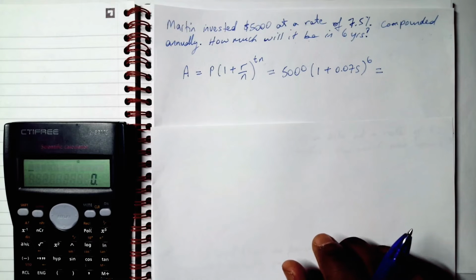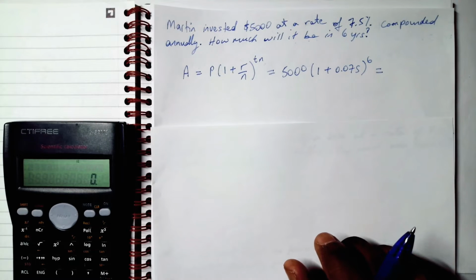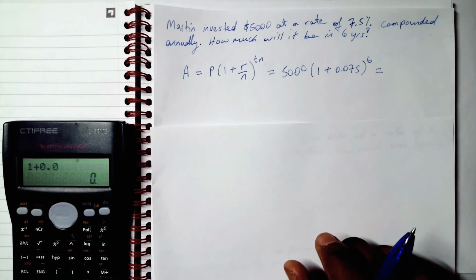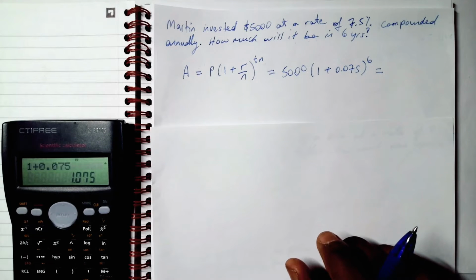We apply the concept of BODMAS, which you should have learned in the first part of the course, number theory and computation. So 1 plus 0.075 equals; we work out the bracket first. Then we raise the answer to a power.